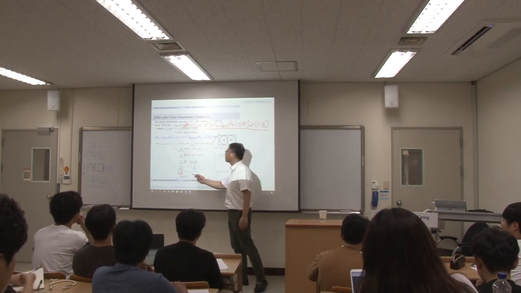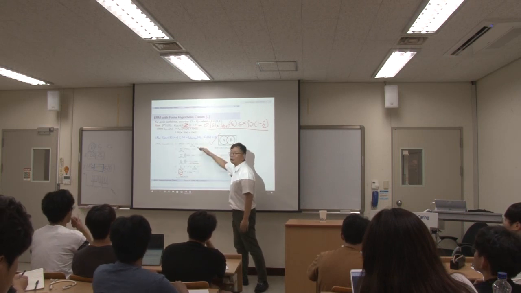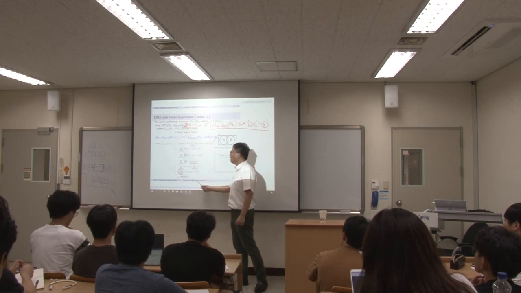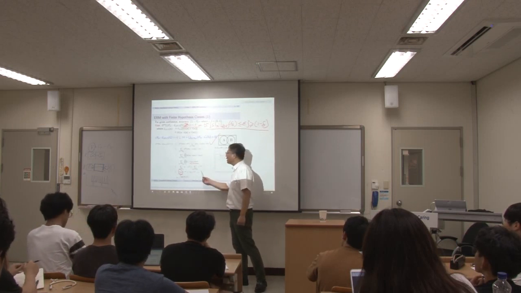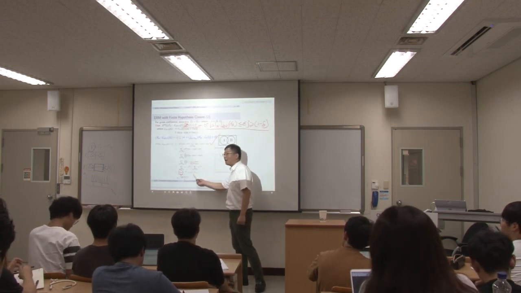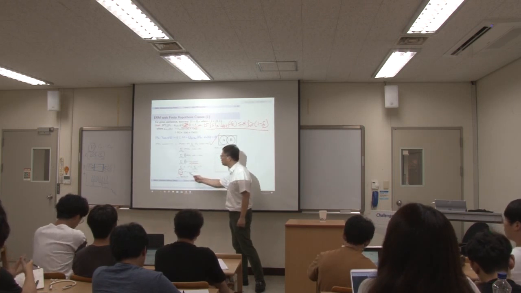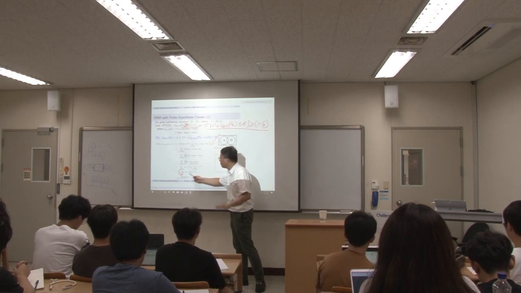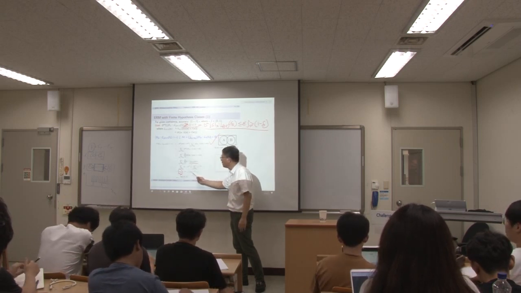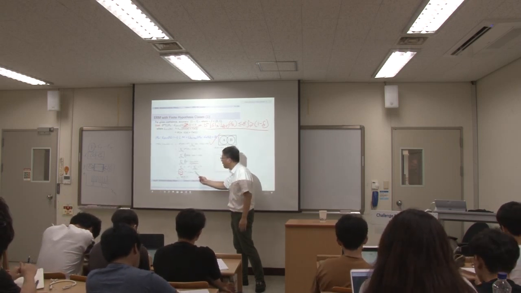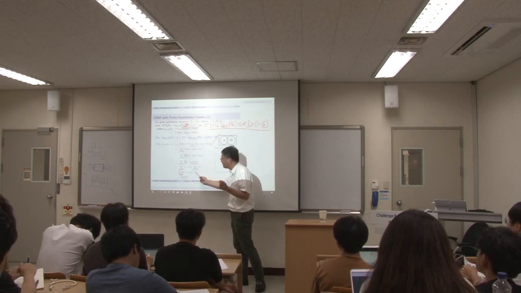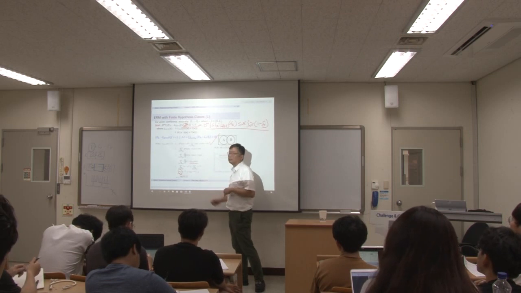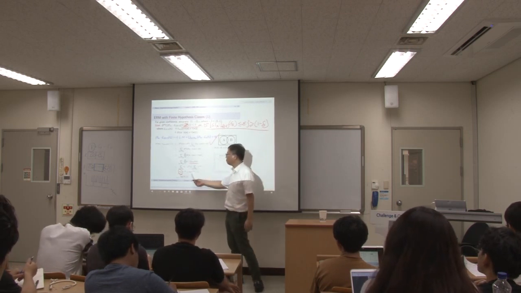So this is correct. This is the relationship I have. This is the number of hypotheses that I'm considering. M is the number of training samples, and epsilon and delta are the numbers that you give me.